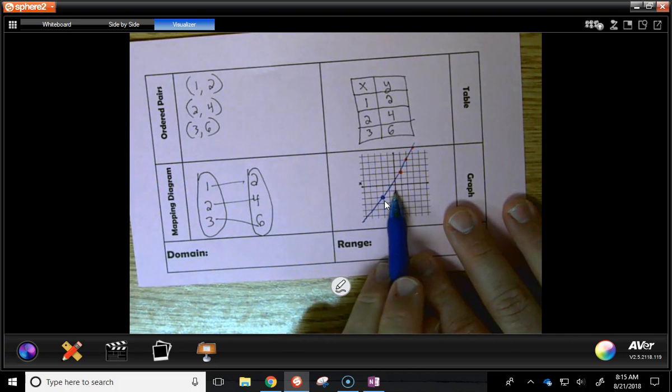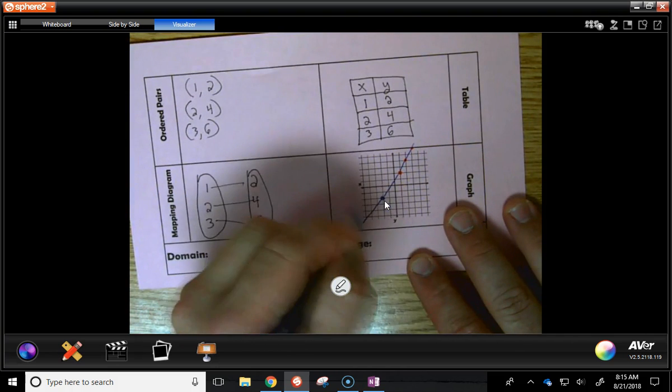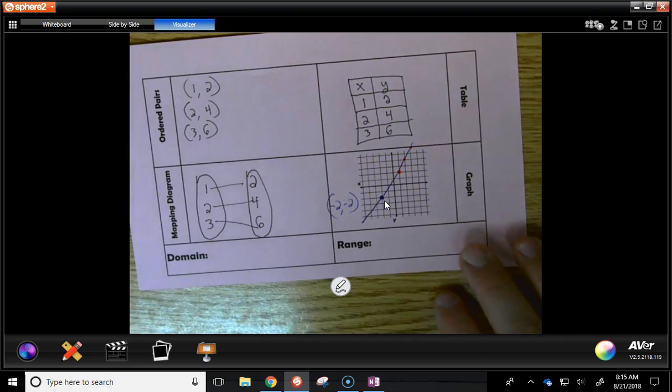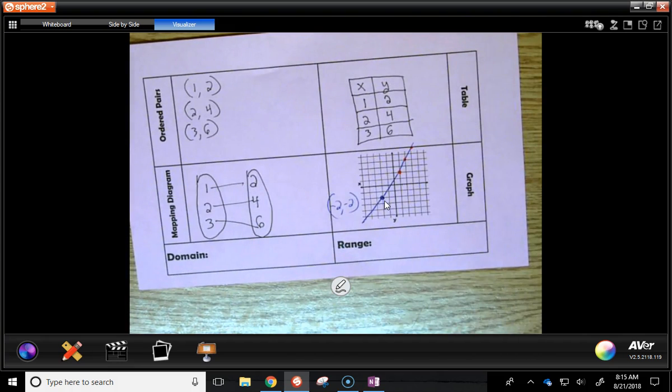It's going to be like -2, -2, if I drew my line correct. My line's a little crooked. It's not going to line up. But when you have a straight line, any point that falls along that line is part of the function and will be part of your ordered pairs. You have to do 3 to make a straight line, and then any of them that fall along that line.